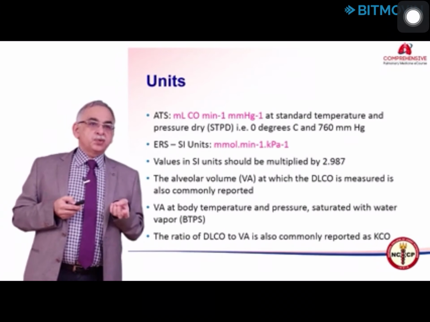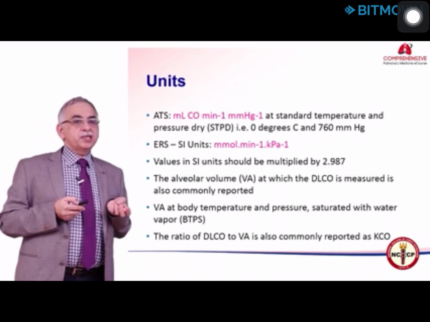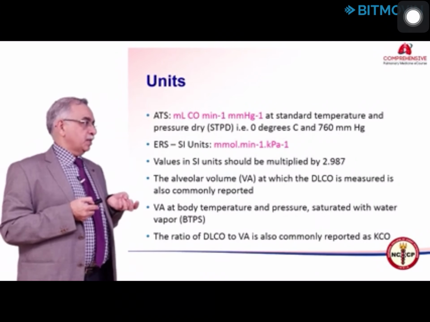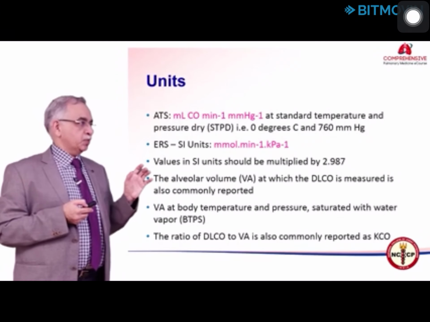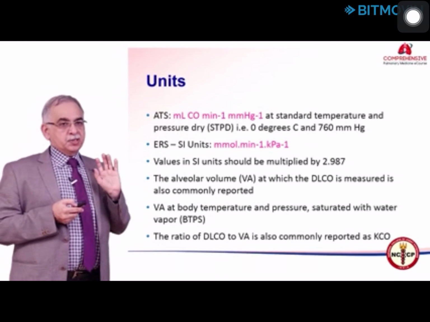There are 2 kinds of units which are used to express the results. Conventional units, which are used in most of the labs in India, are ml of carbon monoxide per minute per millimeter of mercury pressure difference.